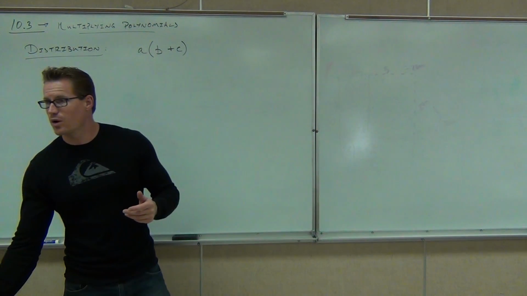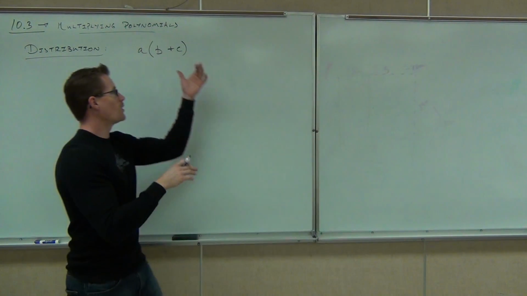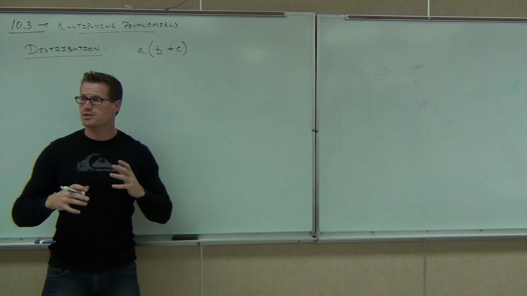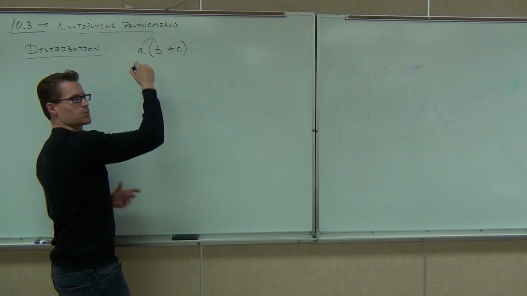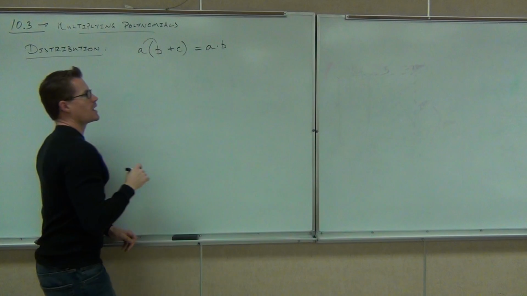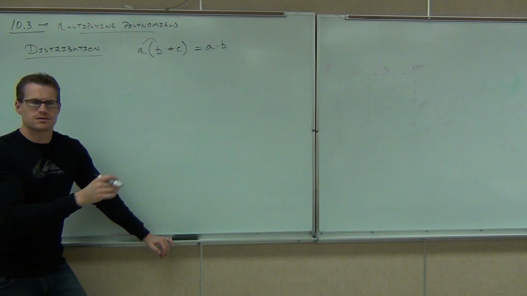We learned how to distribute a long time ago. Basically, when you have a term outside multiplied by a polynomial inside of those parentheses, we can get rid of those parentheses by the process called distribution, which means that we take our A, we multiply it by our B, and we get A times B, and we also do the A times the C? Yes.